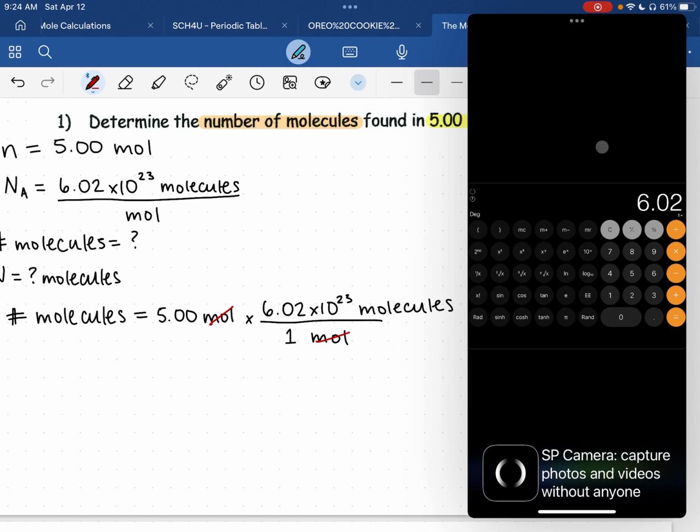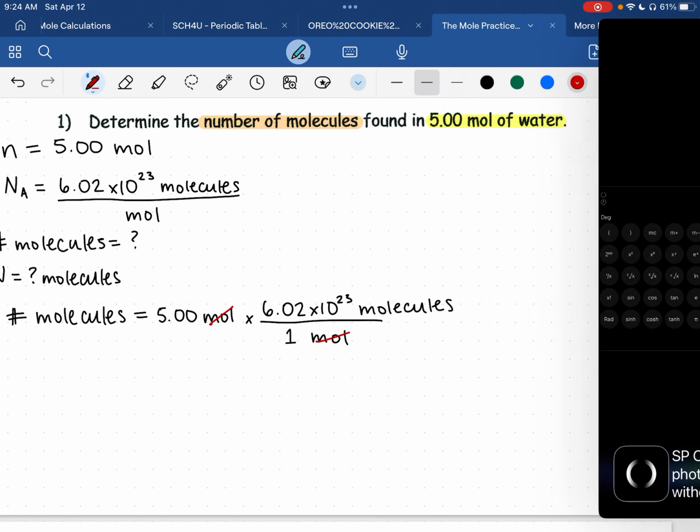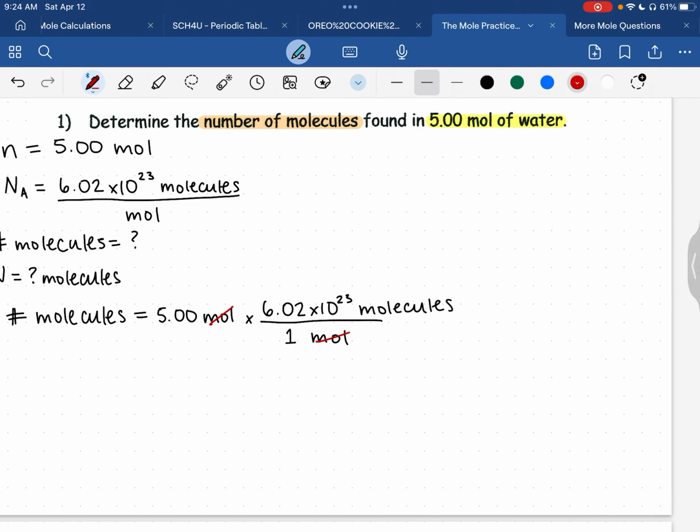So that's what I'm selecting for this. So 6.02 times 10 to the power of 23, enter, is 3.01 times 10 to the 24. So let's get rid of that. So equals 3.01 times 10 to the 24.